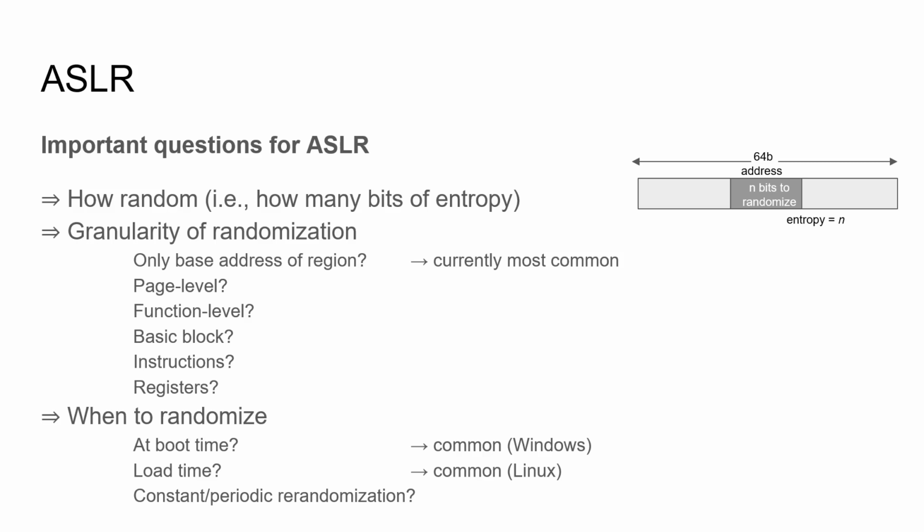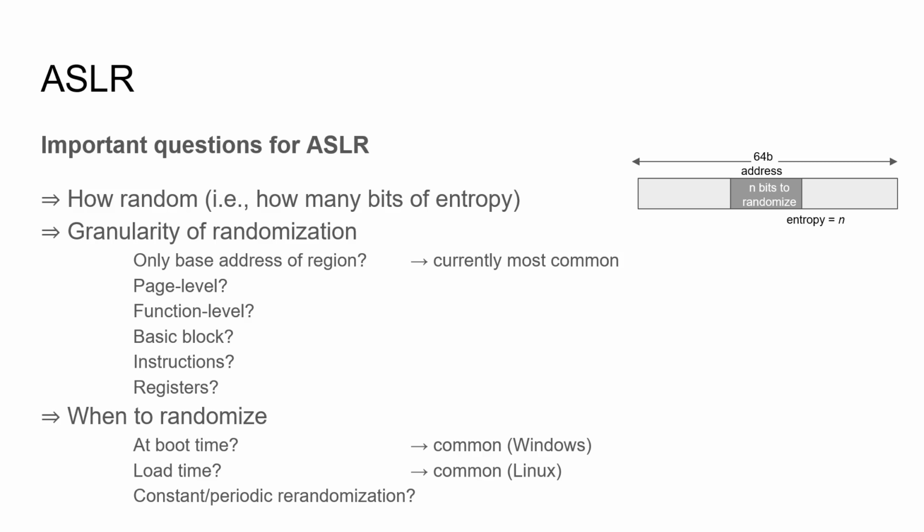The other important question is the granularity of the randomization. The way I described it earlier was that the address space layout randomization randomizes the base address of the code, the stack, the heap, and the data segment, and doesn't randomize anything inside of these chunks, right? That means that you don't know where the start address of the code is, but once you've found it, you know exactly where each function is, because it's going to be exactly the same in every system.